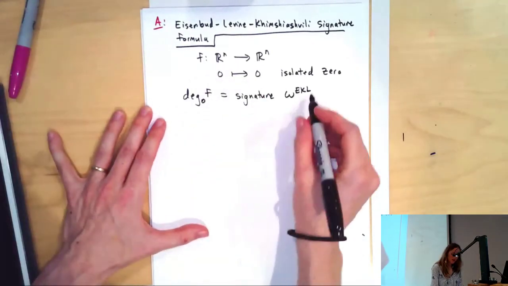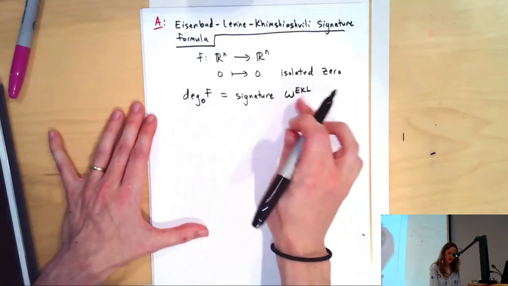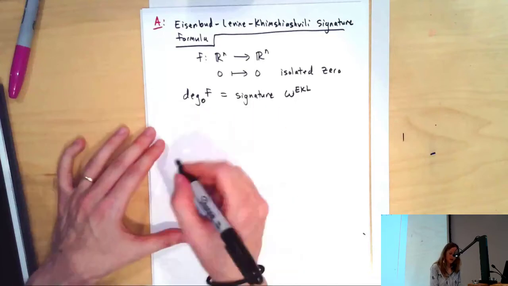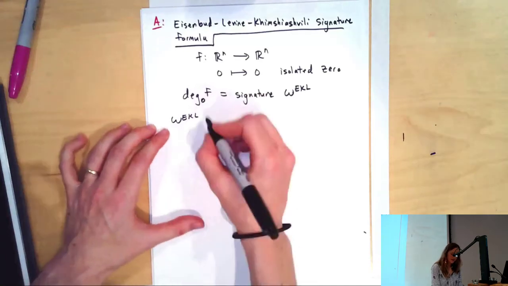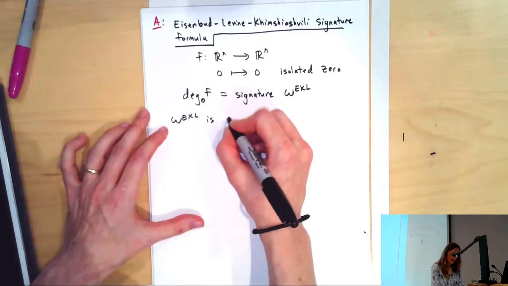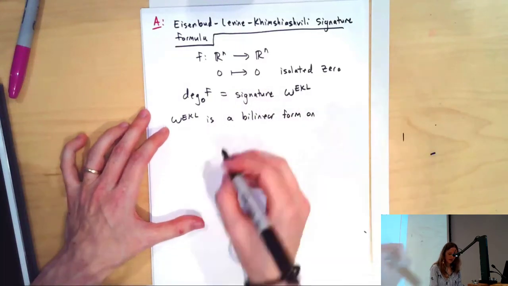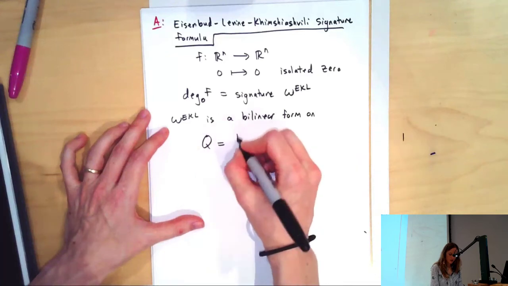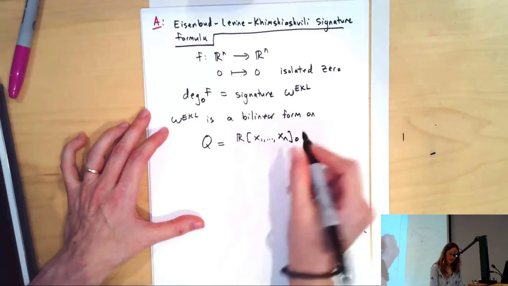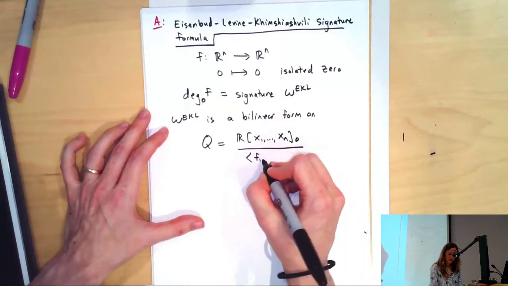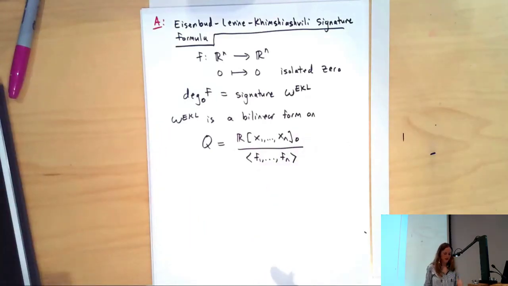Okay, so omega EKL is a bilinear form over R on the vector space, let's call it Q, where we take R[x1, ..., xn] localized at 0 over (f1, ..., fn).